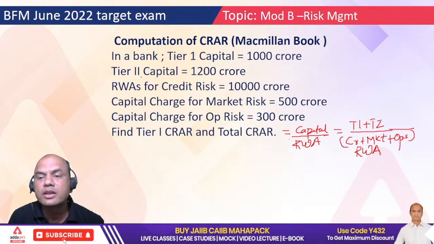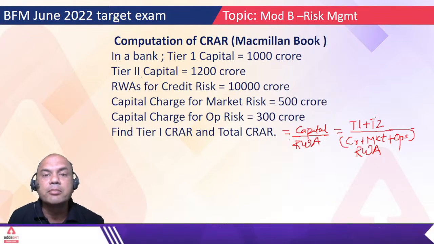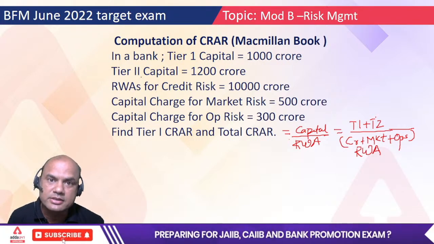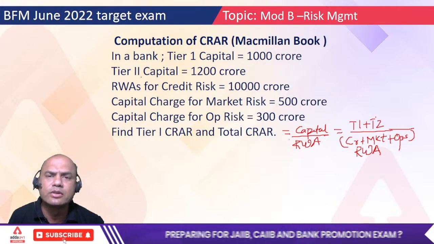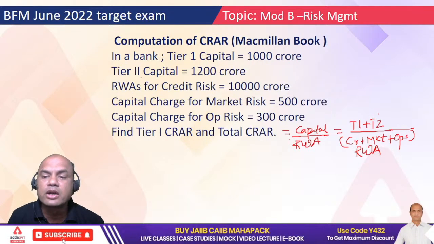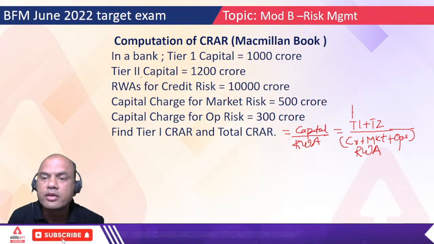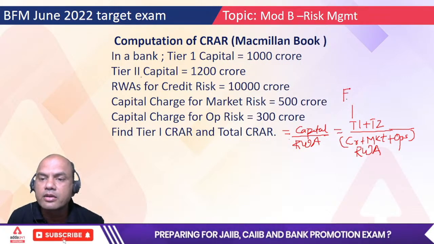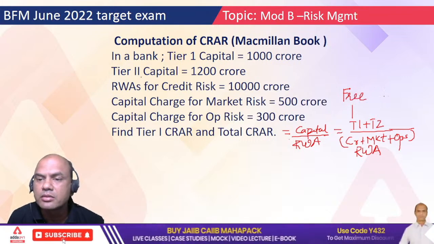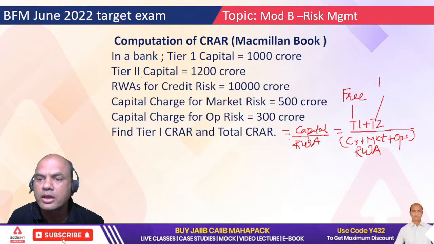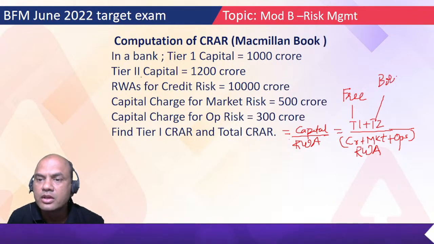What is tier 2 then? Tier 2 is a borrowed capital. Borrowed means I take from you at an interest, and then I use it. It's a loan basically, isn't it? I'll write it over here. T1 is a free capital, and T2 is a borrowed capital.